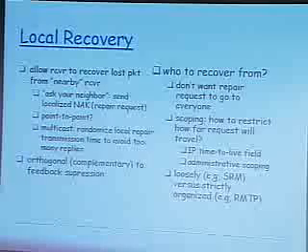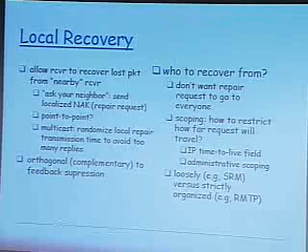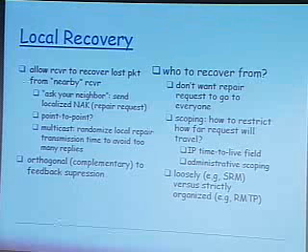In local recovery, what you do is you don't send your repair message back to the sender, but you let a nearby receiver on the tree send you the data packet if it already has it. So you ask your neighbor by sending a localized NAC, and this is sort of complementary to feedback suppression.